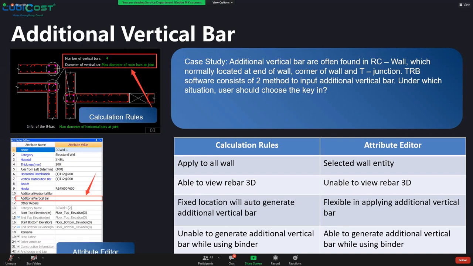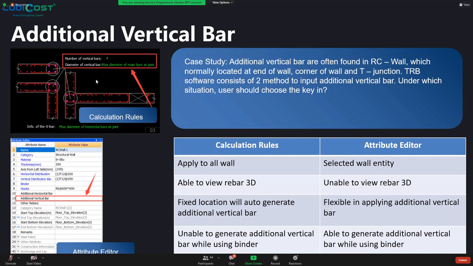To top up with that, the final difference is this: unable to generate additional vertical bar by using binder for calculation rules. If you place your horizontal bar as binder, then I'm afraid this rule will not take effect. It requires horizontal bar, then only this rule will take effect.